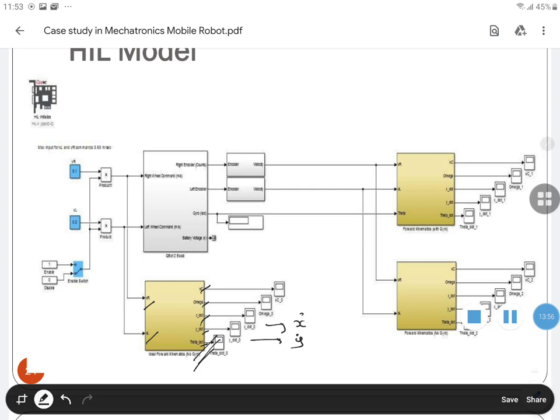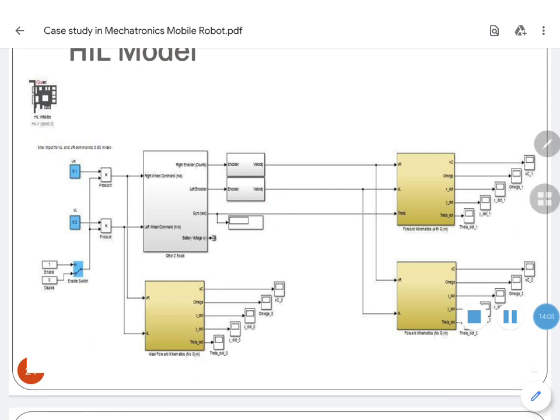Now depending on X dot and Y dot, you can integrate and calculate the X, Y coordinates. Otherwise you can use the encoder system, and you can find the coordinates of the robot.